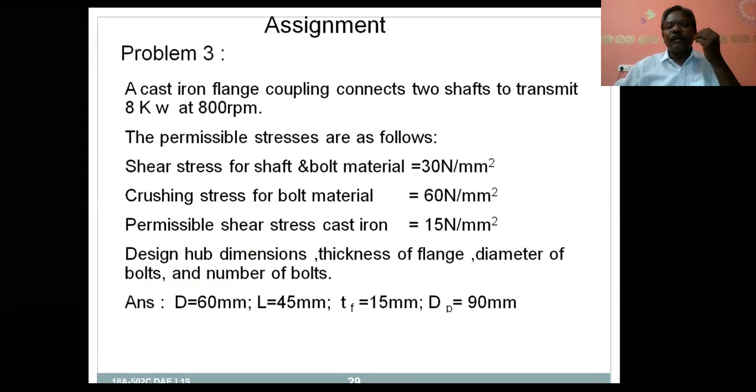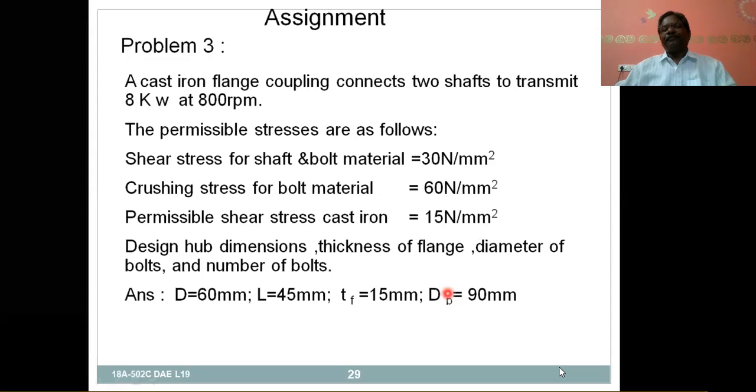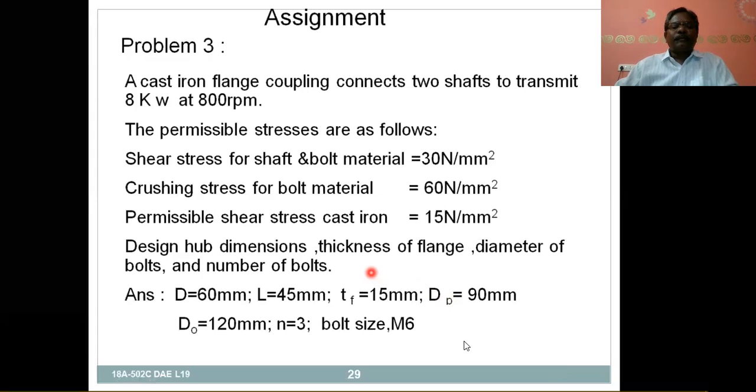Thickness of the flange is 15 mm. dP is equal to 90 mm. Right? N is also given, and the bolt size is also given.